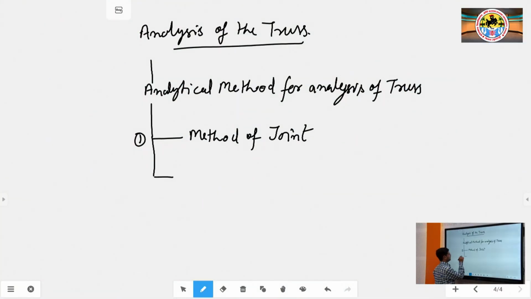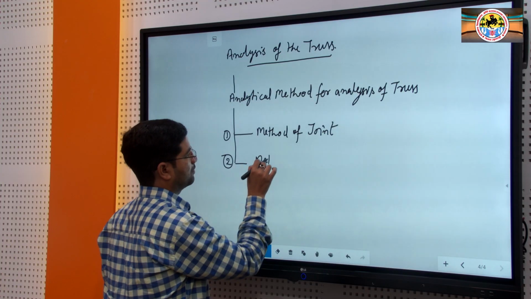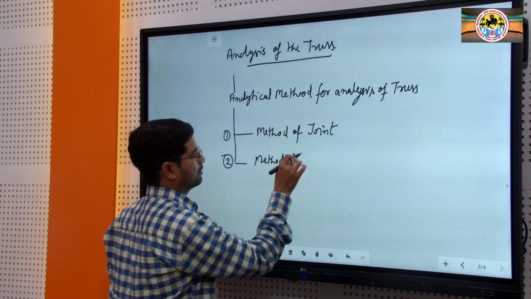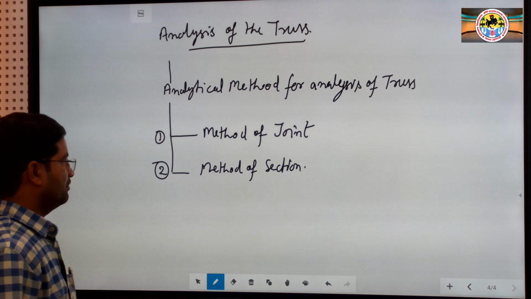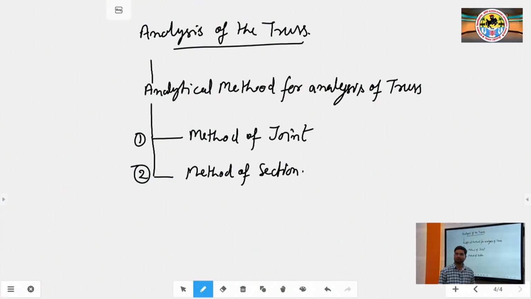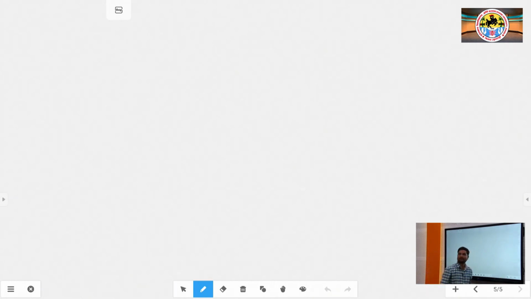Another method for analysis of the truss is method of section. Now, I will take an example, and with that example we will solve it by method of joint and then by method of section. So, with the help of these two methods we can analyze the truss. So, let us see one example.